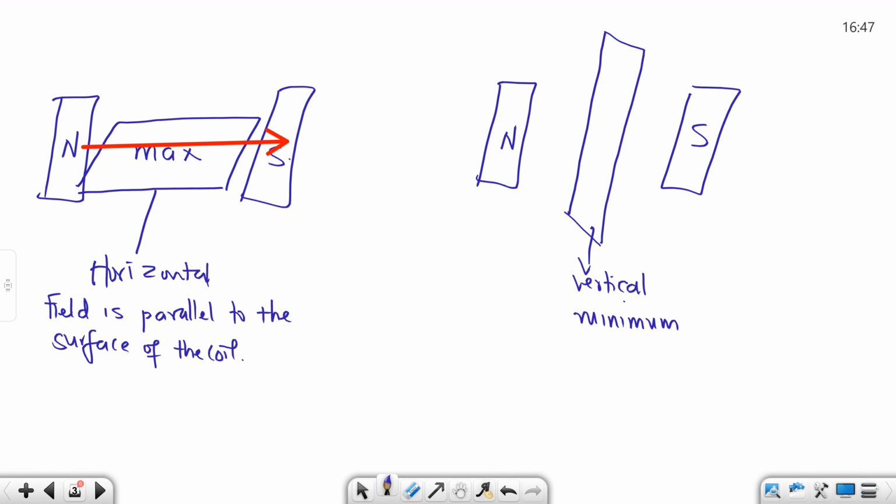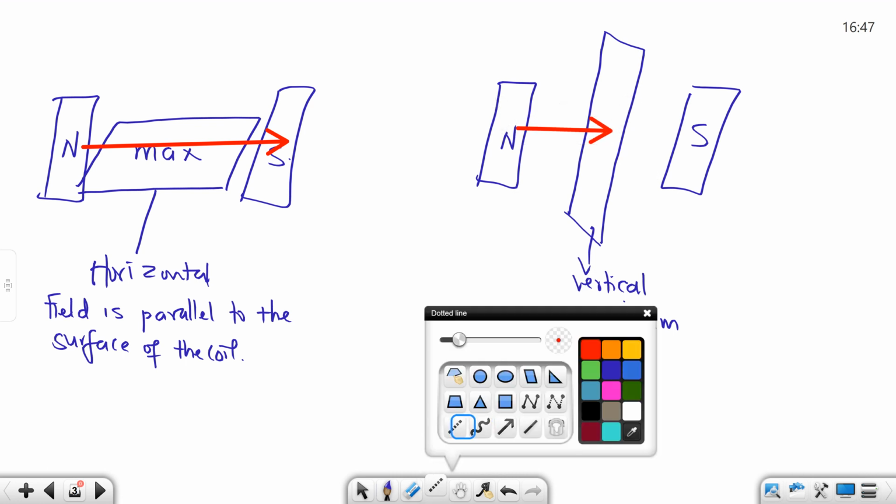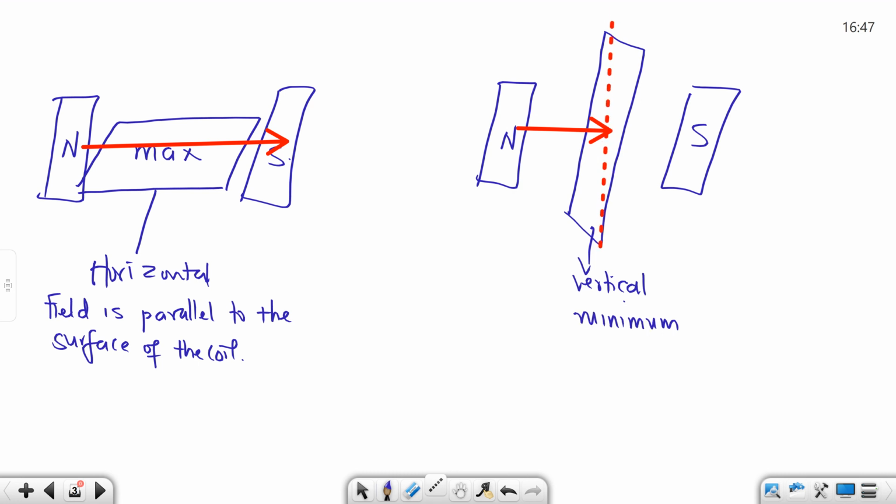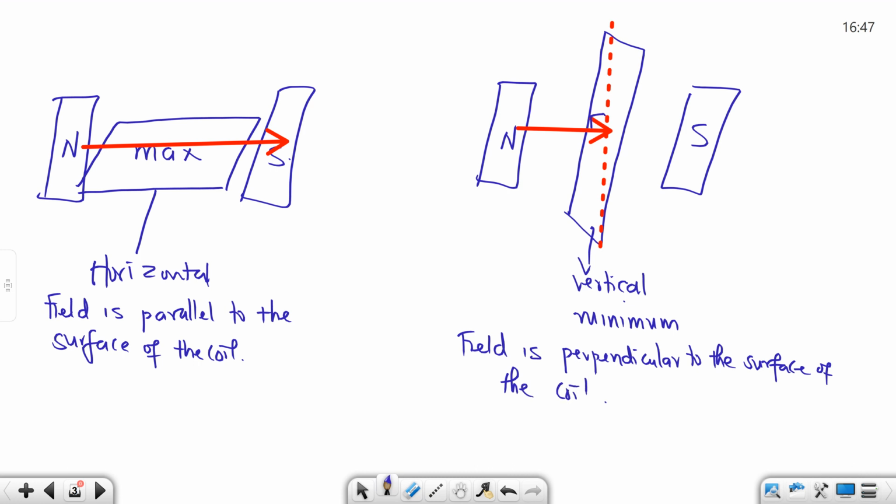Surface of the coil. Here, we're looking at an angle of what? 90 degrees, right? Because your coil is standing. So here, the field is perpendicular to the what? Surface of the coil.